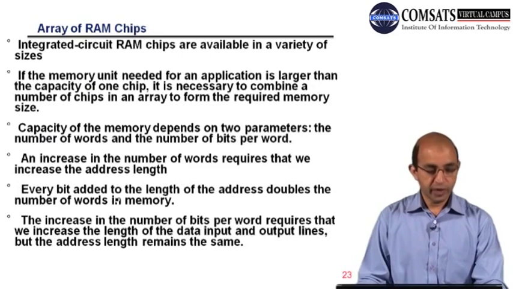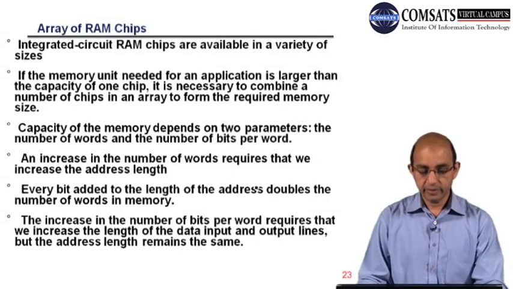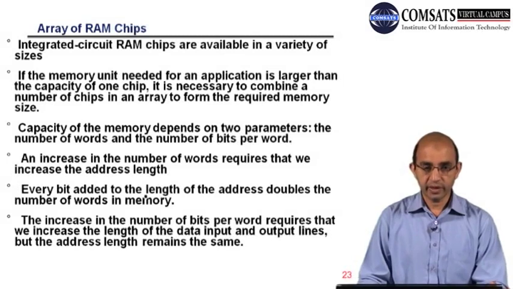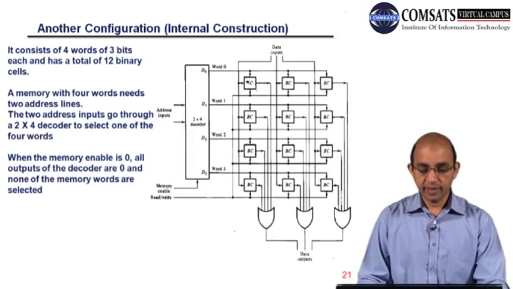So if I want to add an extra bit over here, it means I want to increase the length of the word. I can do that, but for that I need to have more input lines.